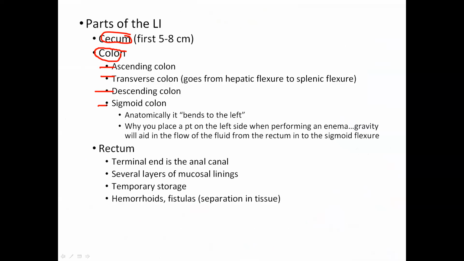Sorry, 4 parts that we just looked at a minute ago. The rectum is the terminal end and ends at the anal canal. It does have a bunch of mucosal linings in there. Some conditions you can get would be hemorrhoids and fistulas. Fistulas are abnormal growths of tissue that start to hang out in the intestine area.